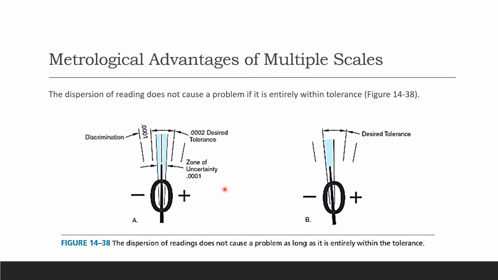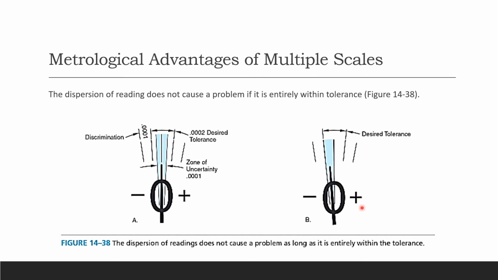If you keep it in the tolerance, it's not going to give you any kind of issue. Here is my plus and minus, and this is our zone of uncertainty, and that's our discrimination. 0.002 is the desired tolerance right there. And this is our zone of uncertainty. This zone is within the tolerance zone, so the dispersion of reading is not going to cause any kind of issue.